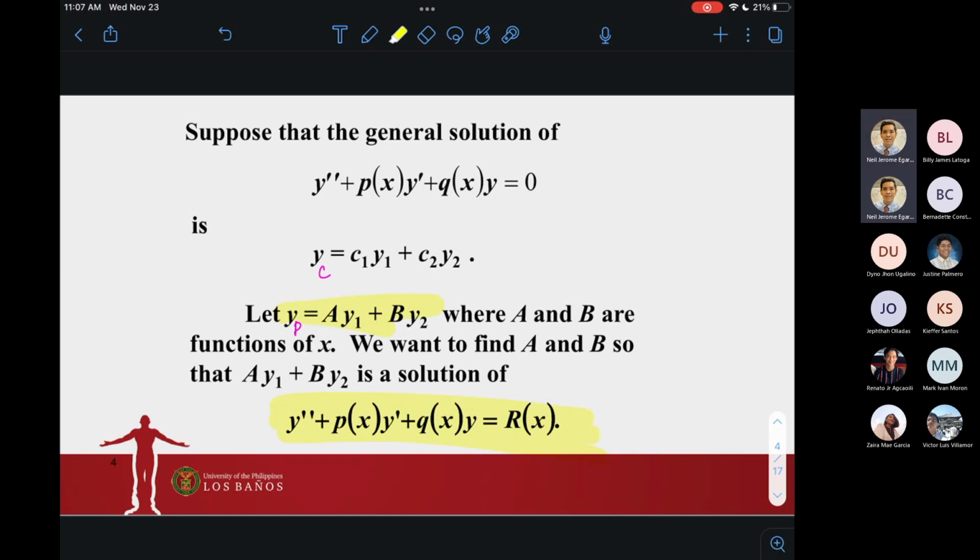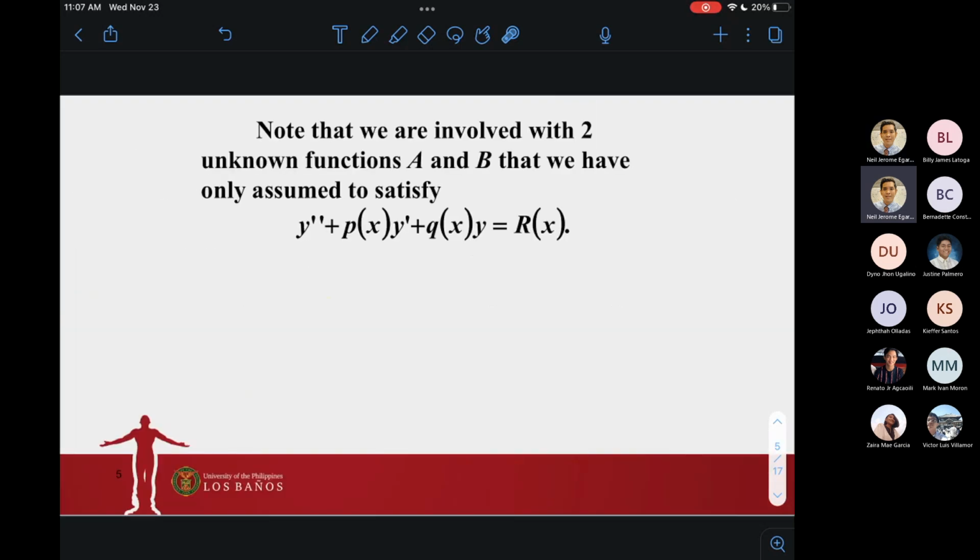Tapos ngayon, ang ating particular solution, ang ansatz natin o yung guess natin para sa particular solution ay a y1 plus b y2, where a and b are not just constants anymore, but they are functions of the variable x. Okay? So ito yung gusto kong mangyari. Now, plug this in. Compute y sub p double prime and y sub p prime. Plug them into here.